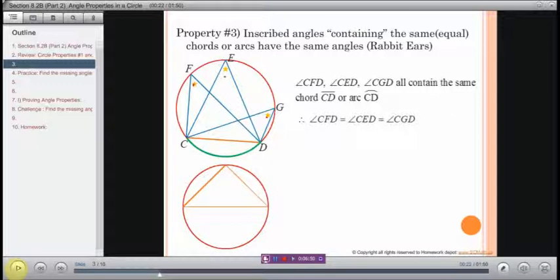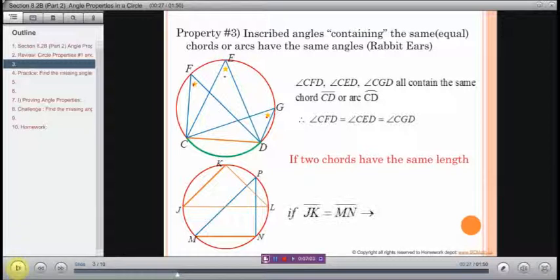All right, here's another one to look at. What if you have a situation like this, where you've got that triangle and then this triangle here, and the two chords have the same length, let's say JK and MN. If they're equal to each other, what does that tell you about the angles that they contain?